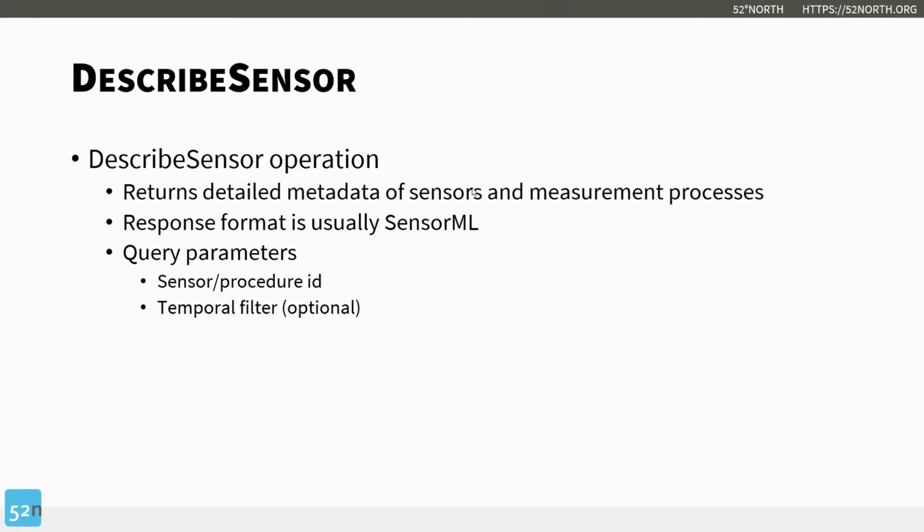And to further interpret your observation data set, you can also then use the DescribeSensor operation to get further metadata. That means with DescribeSensor, you would ask the server, please give me a description of the process that was used to generate the data. And then you will get back a so-called SensorML, Sensor Model Language file. So another OGC standard, the one for the metadata, if you remember.